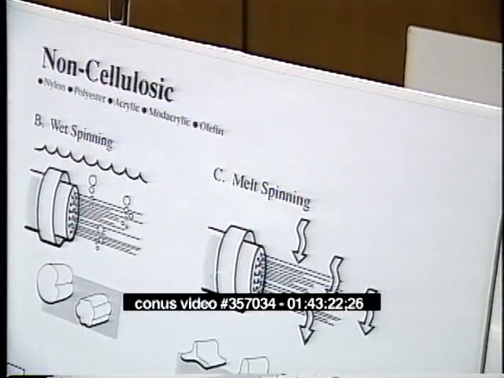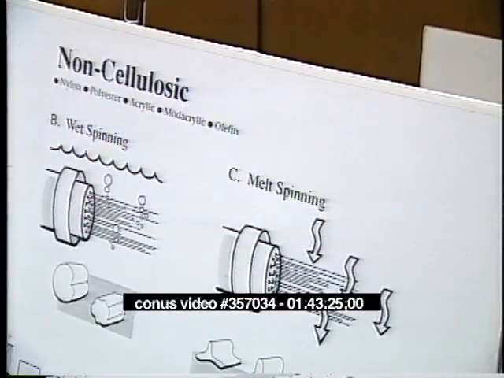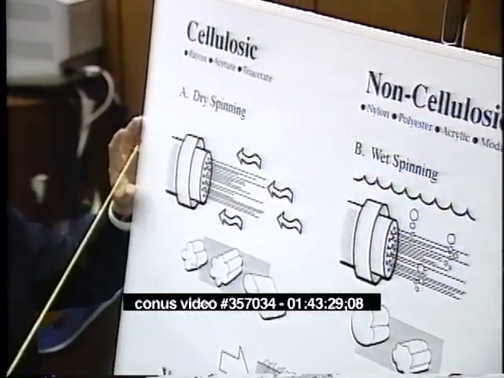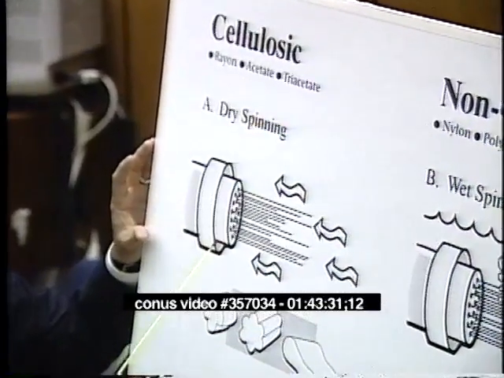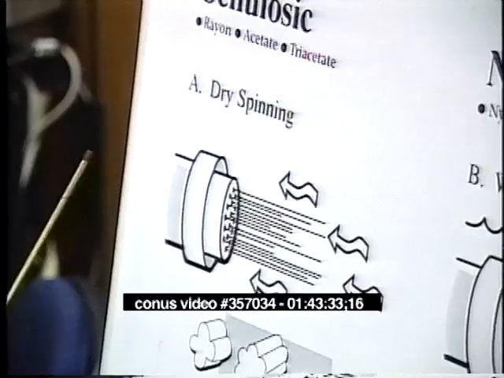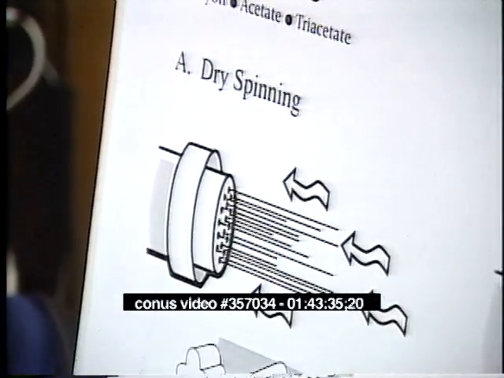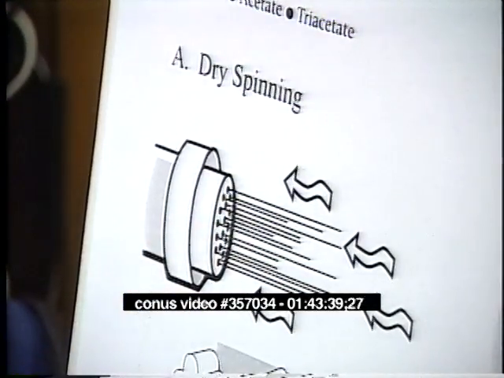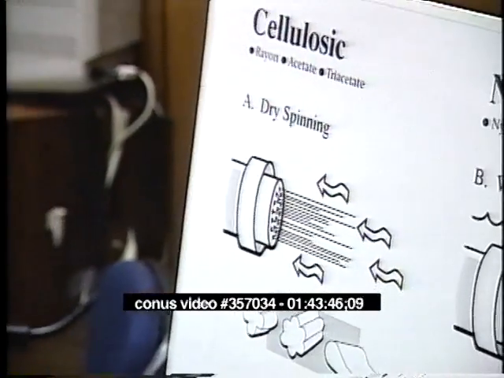They melt the chip and then they make fibers out of it. But from this beginning solution, it is forced under pressure out of what's called the spinneret. It looks like a shower head. And the shape of each one of these little holes and the processing itself has something to do with the cross-section that you see, the shape of the fiber that comes out of it.